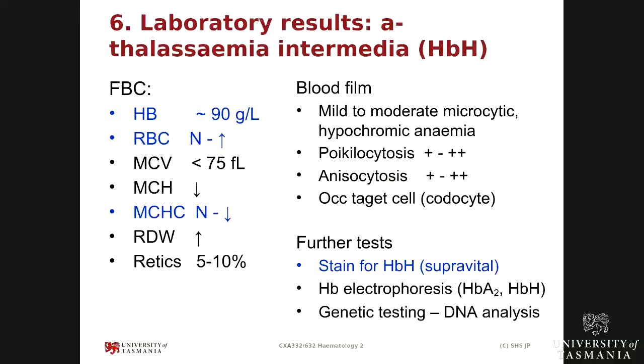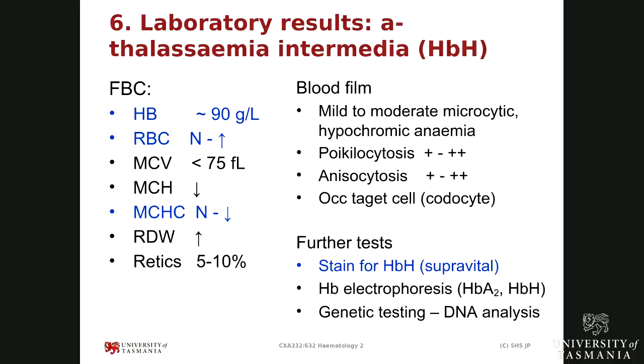So alpha thalassemia intermedia is the one that we call hemoglobin H, and this is the one where we get the unpaired beta chains. This is the one where we've got only one working alpha chain, if you like, with deletion of the other three, and so you can see that the hemoglobin isn't too bad. It's really only a mild to moderate anemia, and the red cell count, notice, is normal or increased.